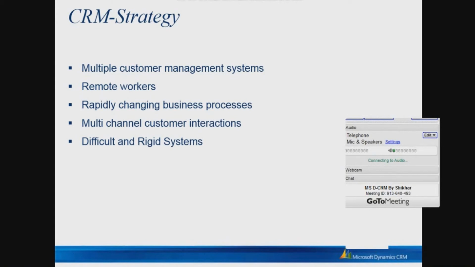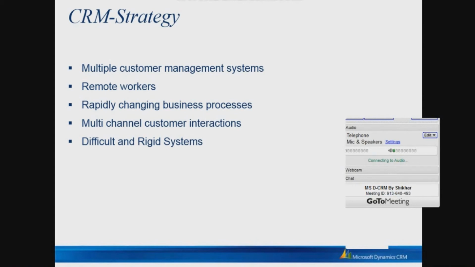So you have multiple options to manage your customers. Then you have an option of remote workers where all of your CRM users need not be in the same geographical location. Your CRM might be deployed in Australia and you might be accessing your deployed CRM software from China. So your users are no longer geographically limited.